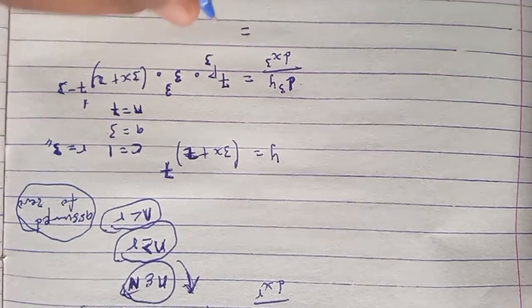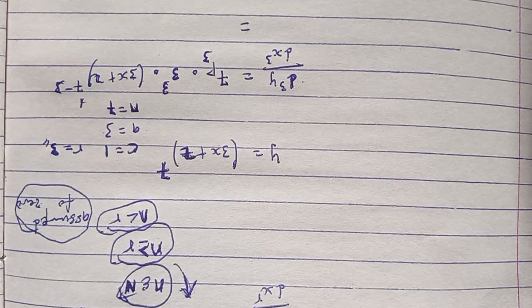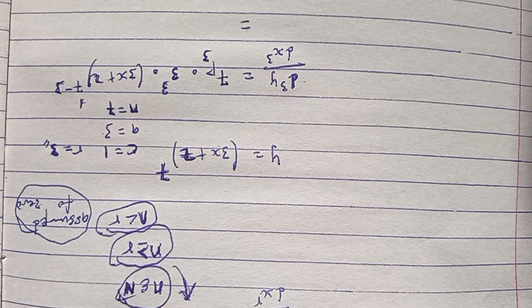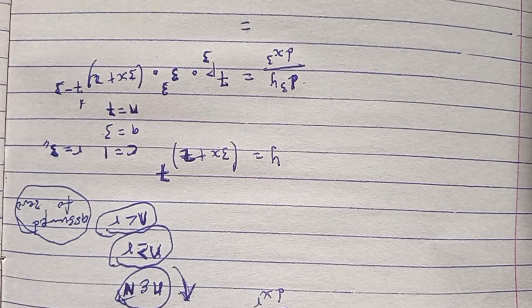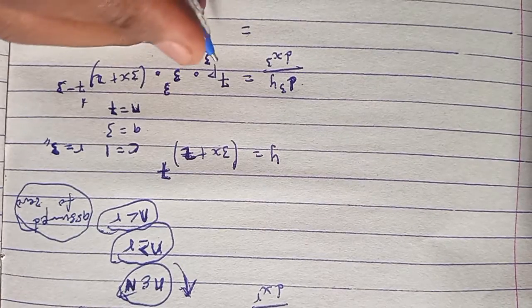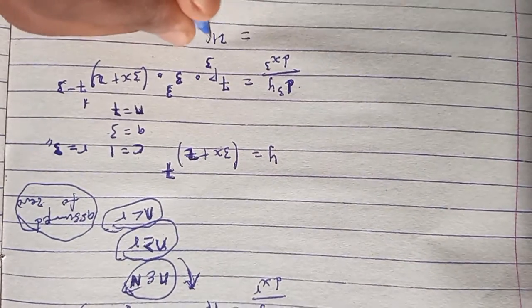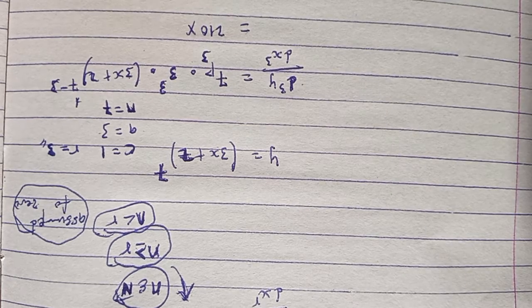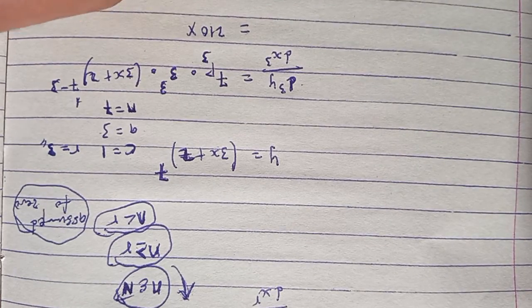So, in simple terms, 7 permutation 3 will be what? In a brief solution rather, 7 permutation 3 will be 210 times 3 power 3. 3 power 3 will be 27, I believe so.